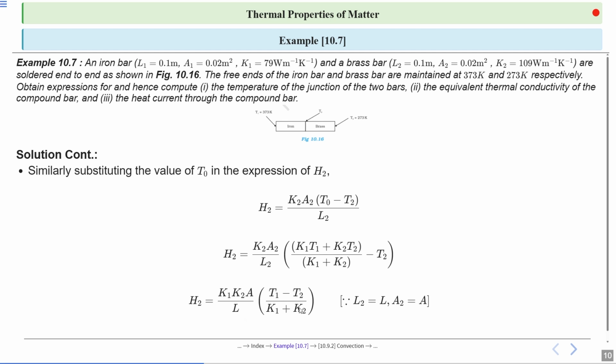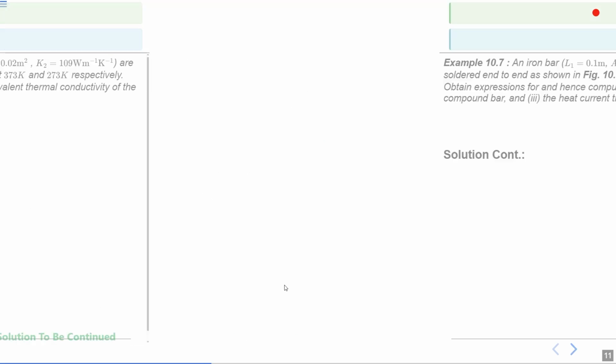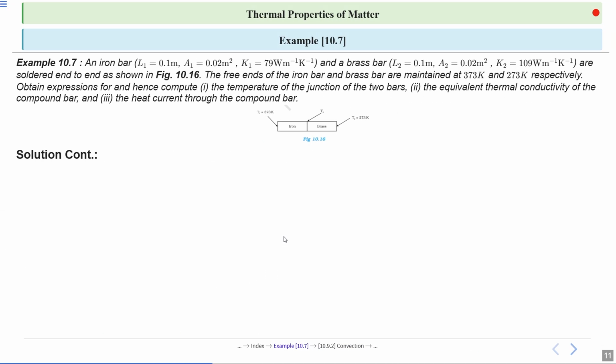(K1 plus K2). Now the next step, we will solve this term. Now in steady state, H1 equal to H2 equal to H. So we can say H is equal to K1 K2 into A divided by L, into (T1 minus T2) divided by (K1 plus K2).